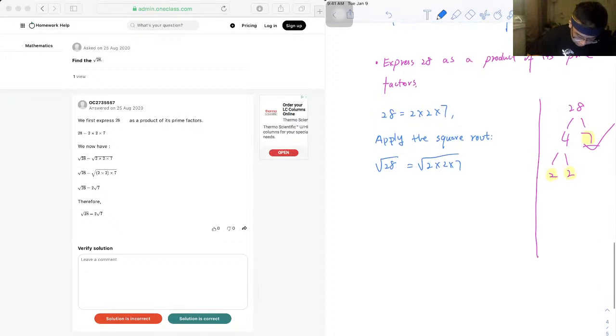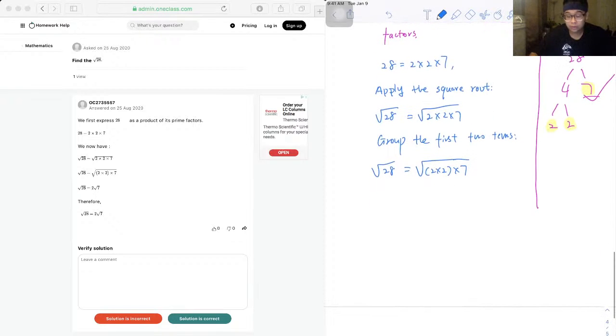And then let's group the first two terms, which will give us root 28 is equal to bracket 2 times 2 close bracket times 7.